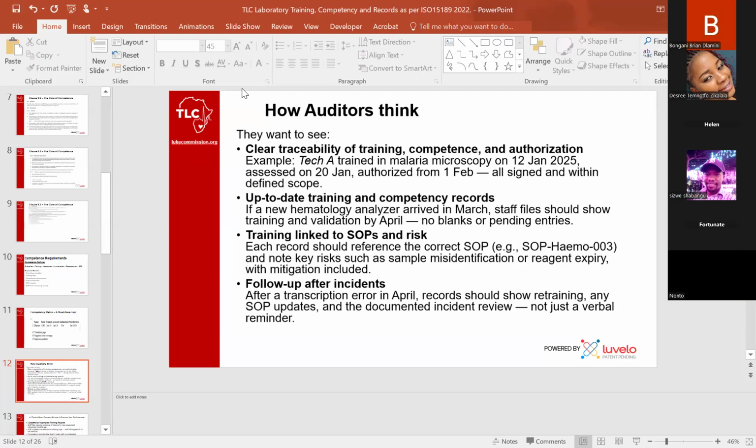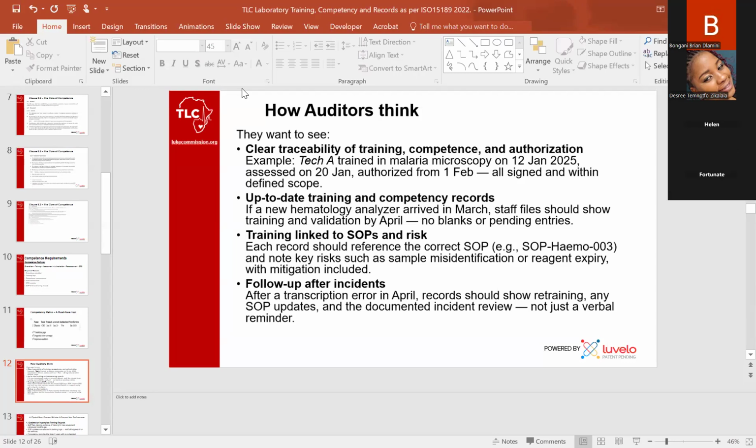Each record should reference the correct SOP, so that's your document control, and note key risks such as sample misidentification or reagent expiry, with mitigation included. So you're going to identify the risk. What is the risk? How are you going to fix it? How are you going to stop it from happening? How are you going to mitigate it?